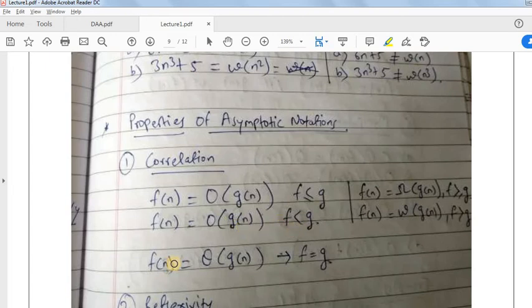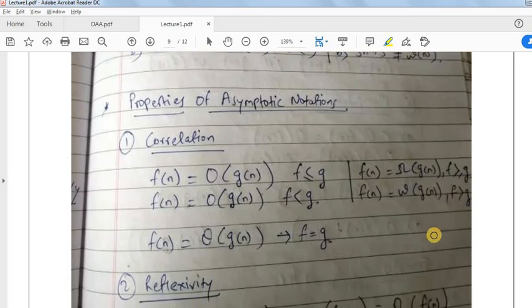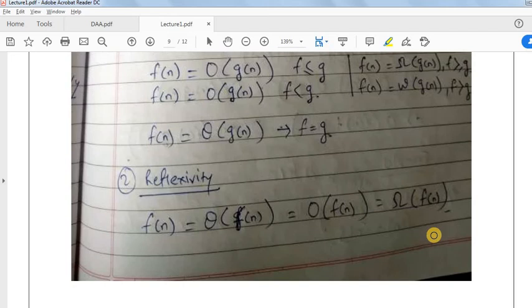In case of f of n equal to theta of g of n, f tends to be equal to g. If I say f of n is equal to omega g of n, then f is greater than or equal to g. If I say f of n is equal to little omega g of n, then f must be strictly greater than g.